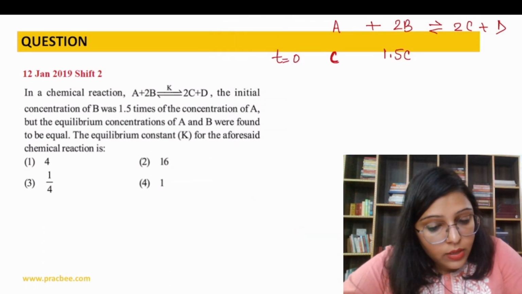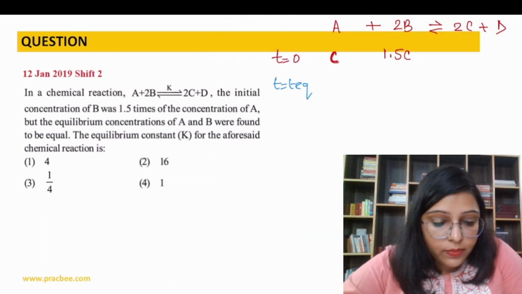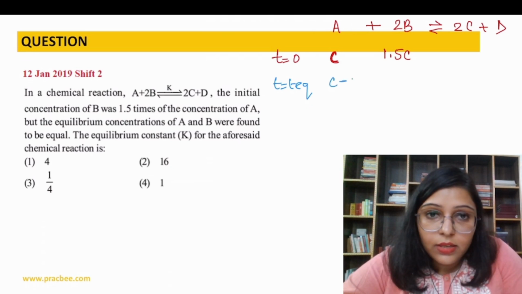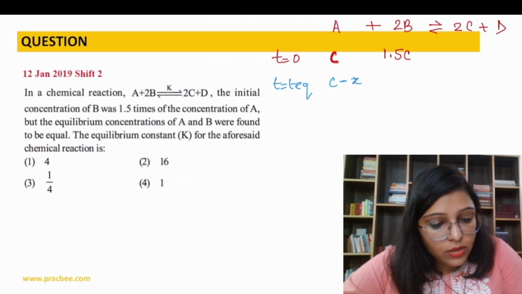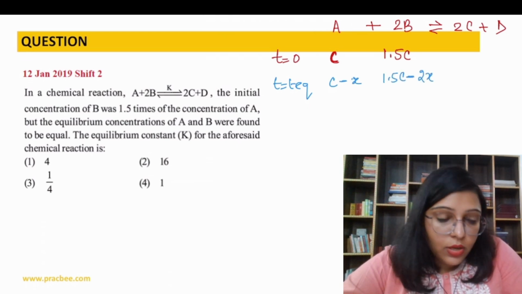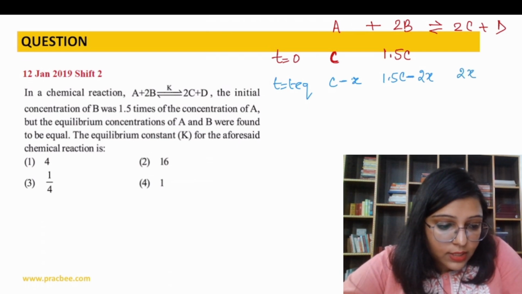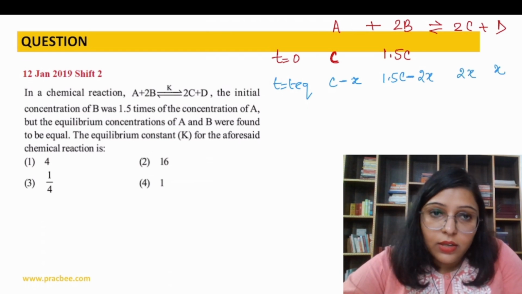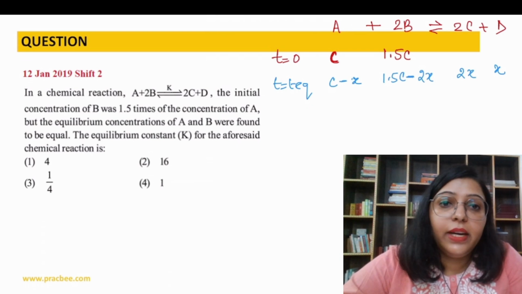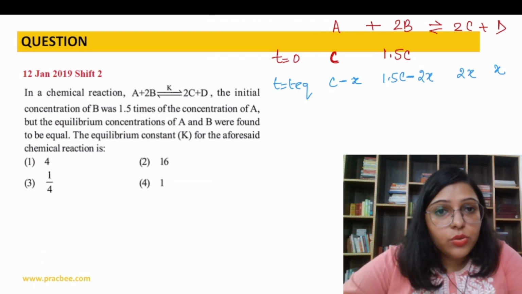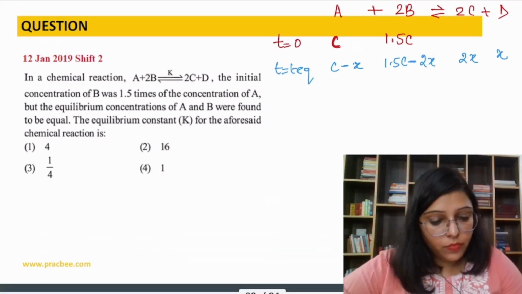At equilibrium we write C minus X for A, and 1.5 C minus 2X for B. Here for 2C we write 2X and for D we write X. Now, we could write this in terms of alpha, but how to solve this question?